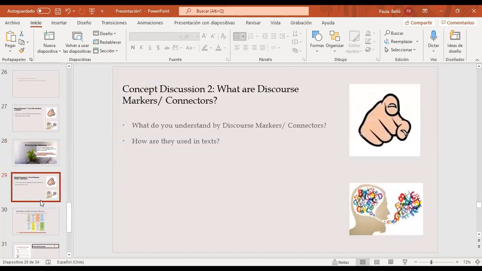The next topic that you will have to deal with in the task is discourse markers. And what do you think are discourse markers? Discourse is everything we produce, all the language we produce. Nosotros producimos discurso todo el tiempo, orales, escritos. What do you think are discourse markers?